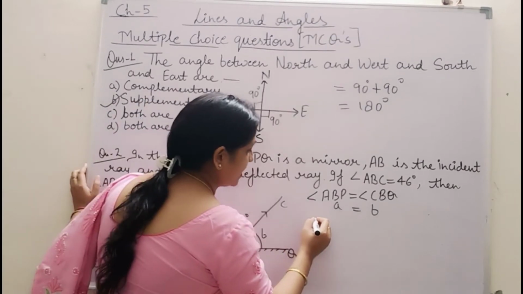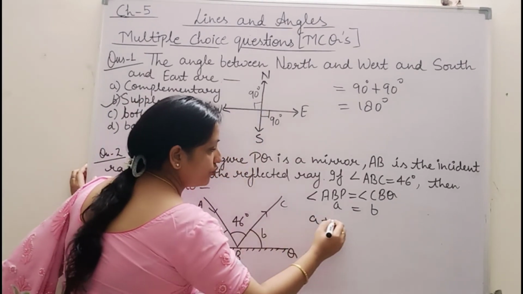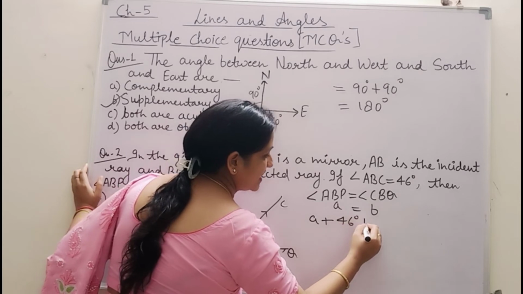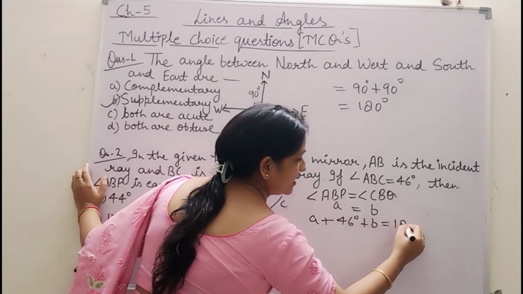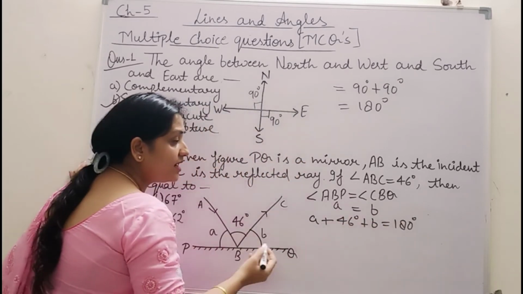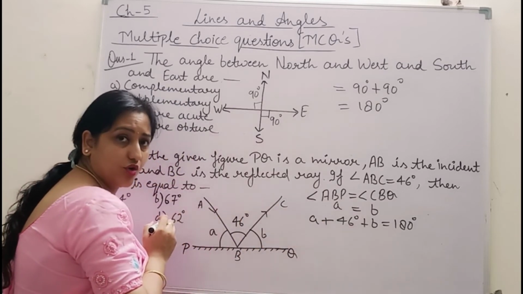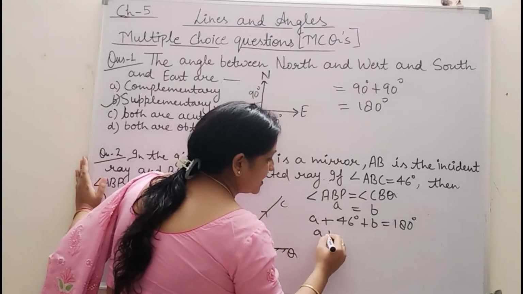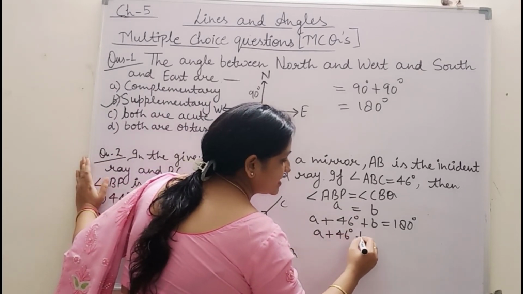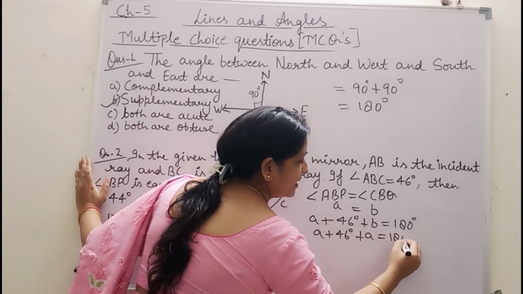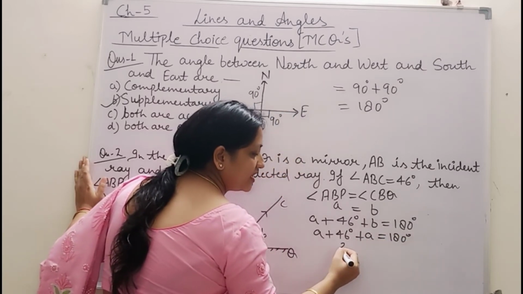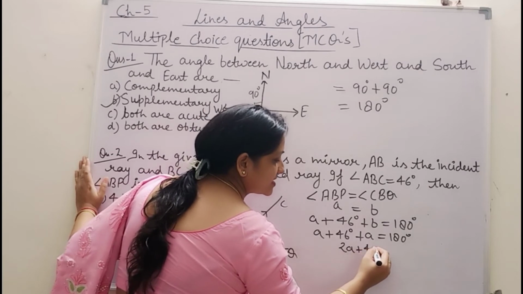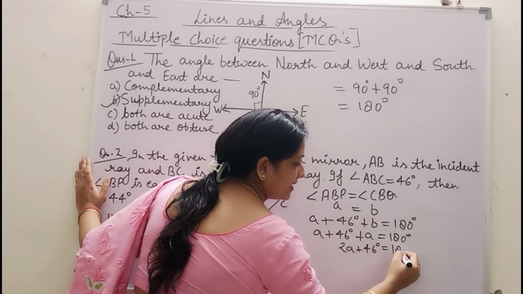It means A plus 46 degree plus B is equal to 180 degree. Here, in place of B, we can write A also. So A plus 46 degree plus A is equal to 180 degree. A plus A will become 2A, plus 46 degree is equal to 180 degree.